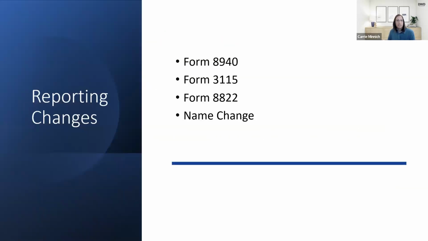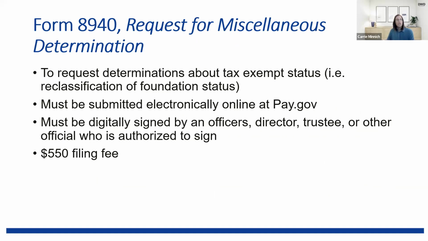And then the final thing I did want to talk about real quick, because I know we're running out of time, is reporting changes to the IRS. Sometimes there are things that happen within your organization and you really need to make sure the IRS is aware of that. A request for miscellaneous determination: sometimes an organization changes the reason that it's a public charity, or its public status.